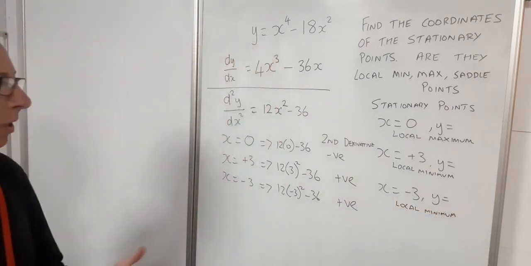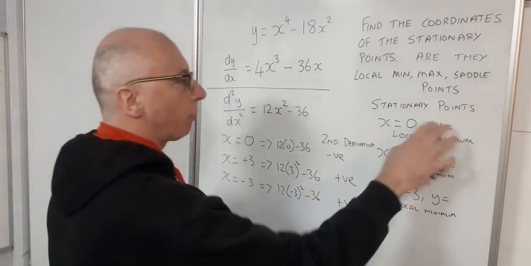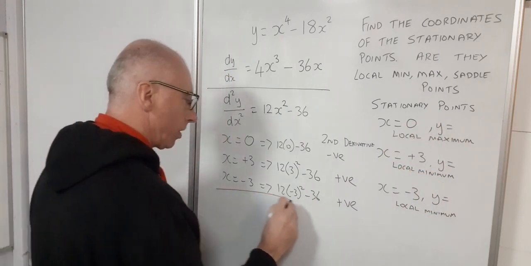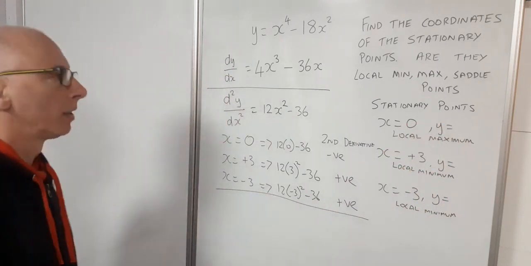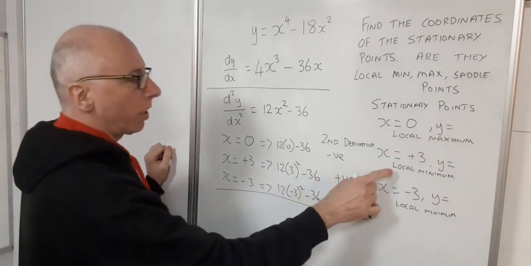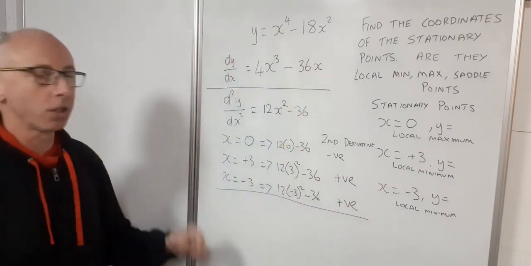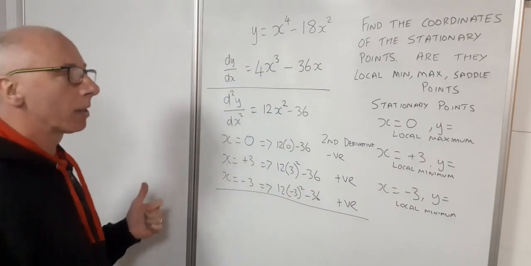Okay, so now all I need to do now is find the coordinates of y at x equals 0, plus 3 and minus 3. So let's do that. Here, to find my coordinates, I plug that into my original equation because I just want the coordinates of the stationary points.